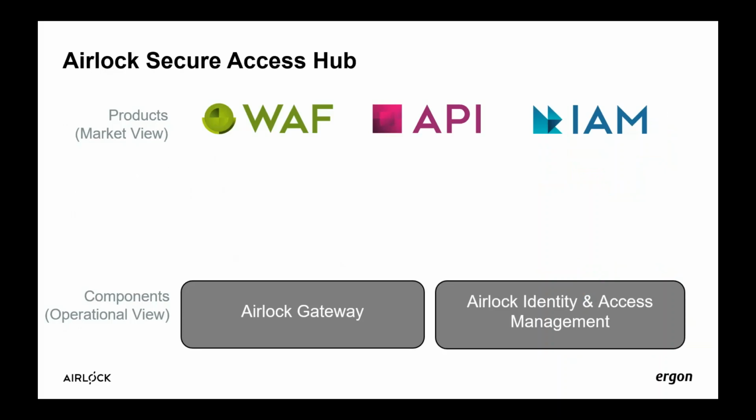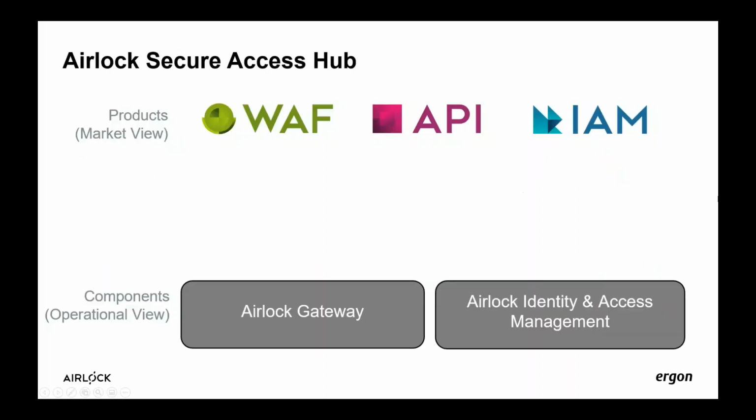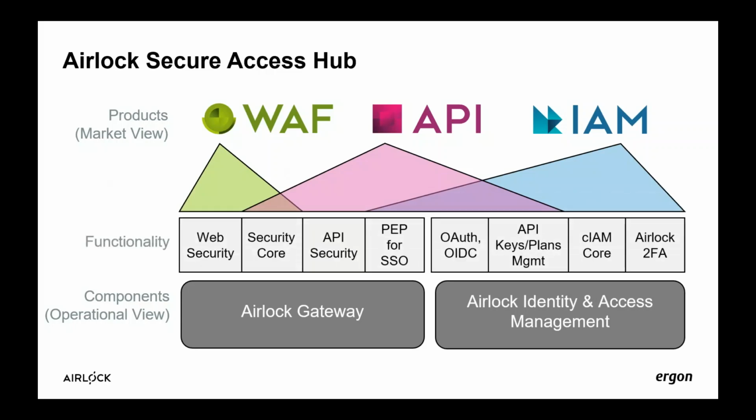Before we move on to the Microgateway itself, I would like to explain one or two things about the renaming we did. As you might have seen, we renamed the component called Airlock WAF to Airlock Gateway. The second component, the Airlock Identity and Access Management, the IAM, still has its name. The reason is that the functionalities provided by the Airlock Gateway differ from the functionalities a typical web application firewall has.